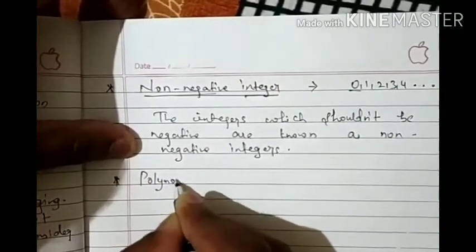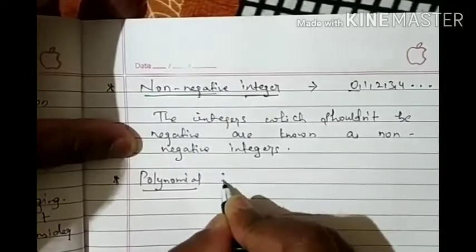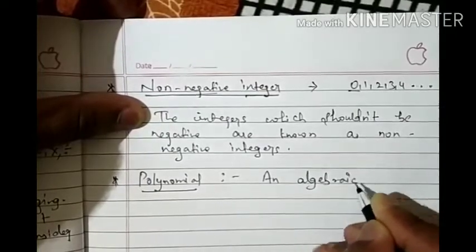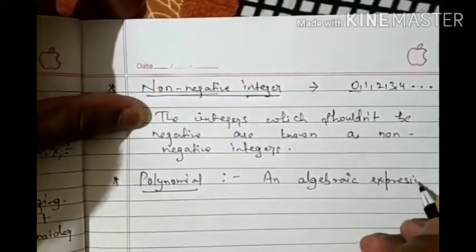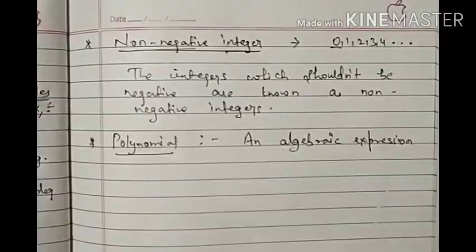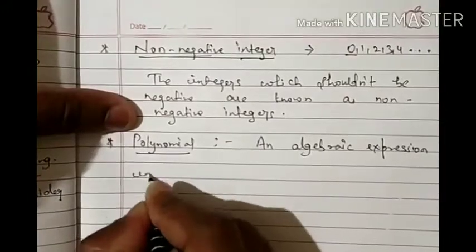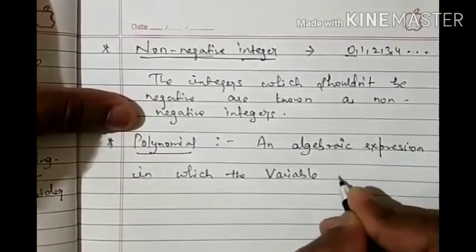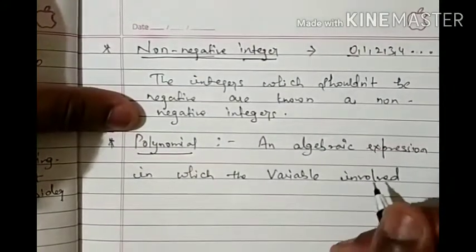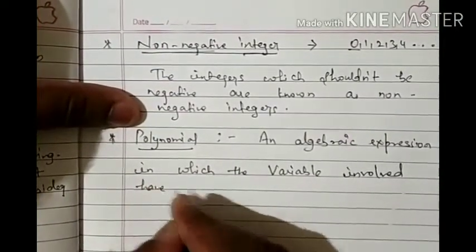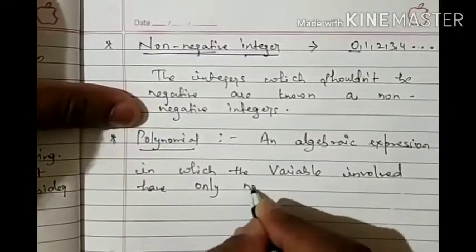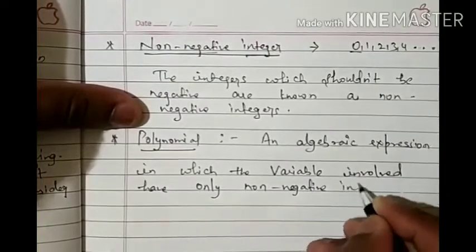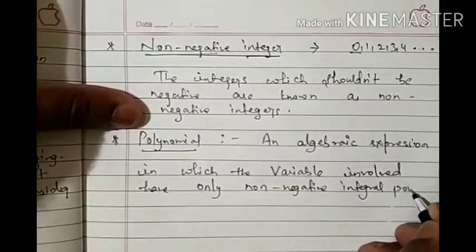A simple definition of a polynomial: an algebraic expression in which the variable involved have only non-negative integral power.